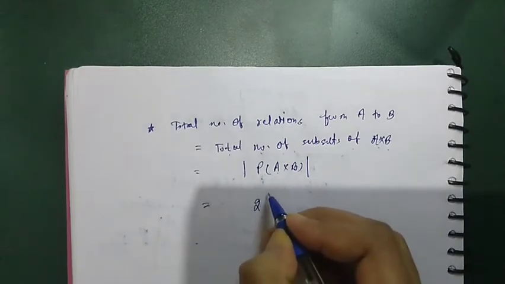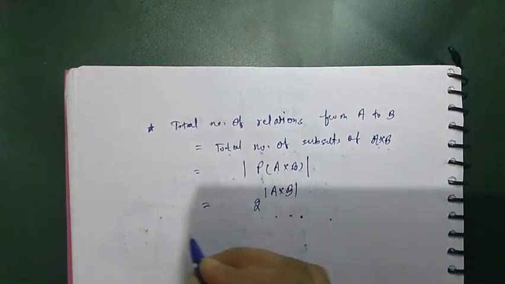It is equal to 2 to the power of the cardinality of the set, which is here A cross B.